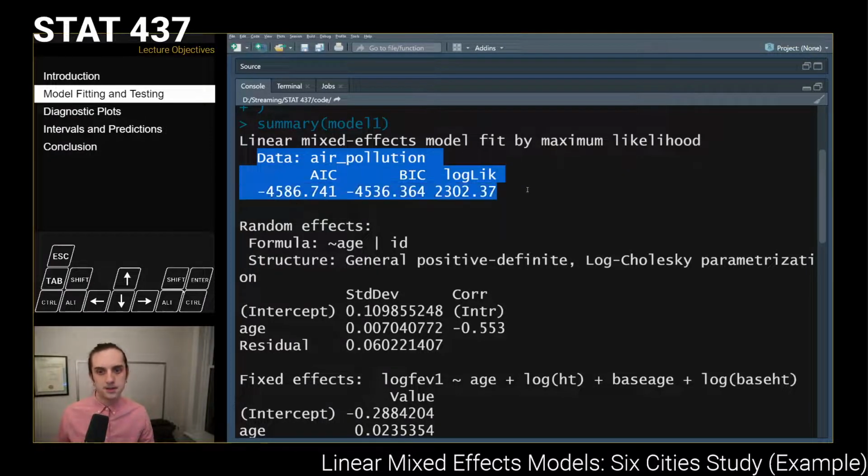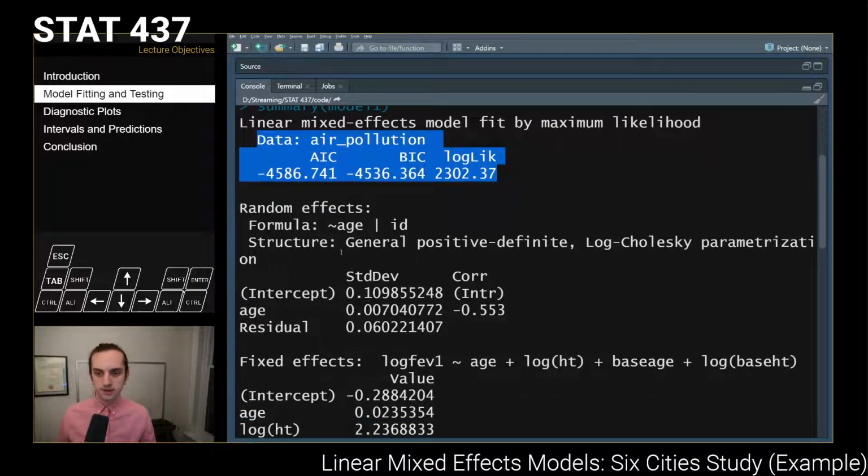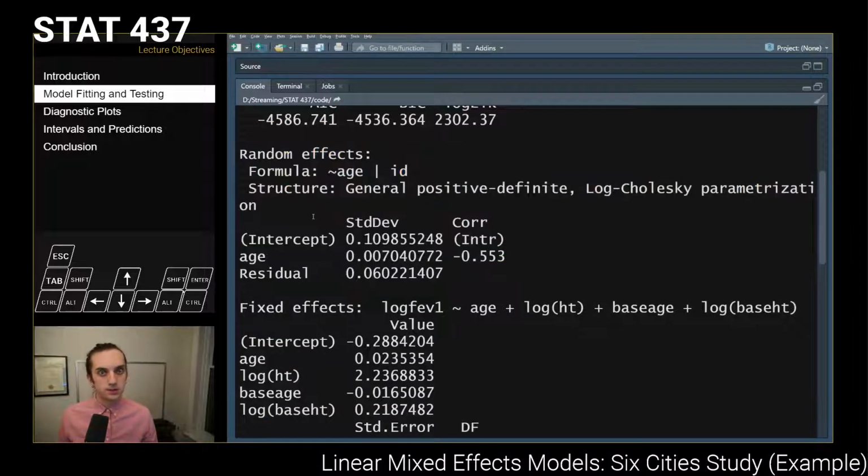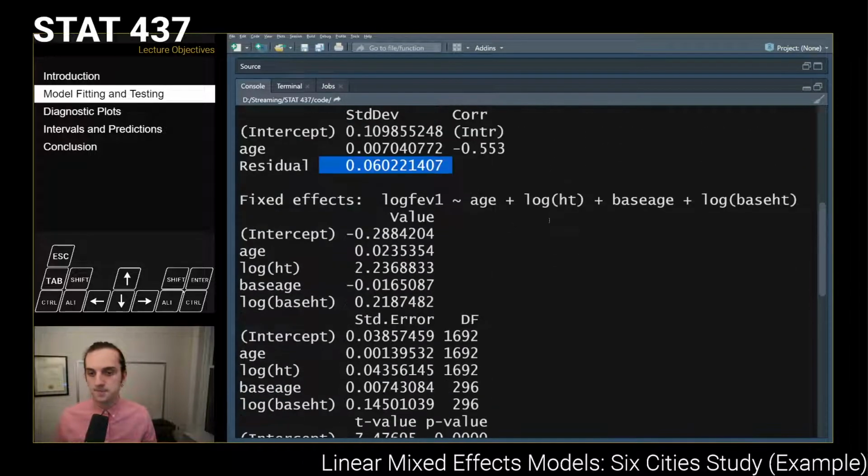So we can see at the top, we get some model fit criteria. Then we get some information about our random effects, which is going to include the parameters needed to fit those distributions. So you can see we have our random intercept has this standard deviation. Our random slope term has this standard deviation. The two of them together have some fixed correlation. And then we have this residual estimate, which is actually an estimate for sigma.